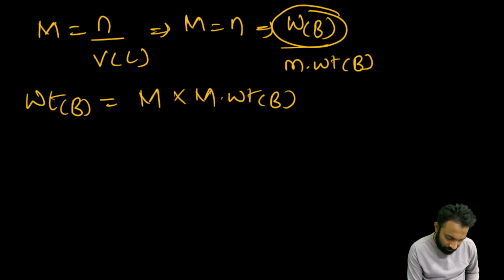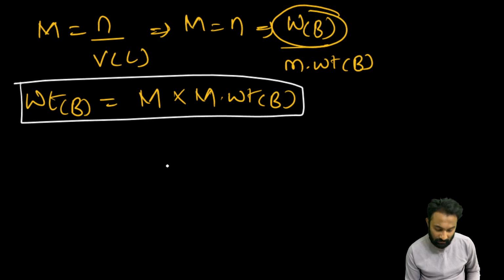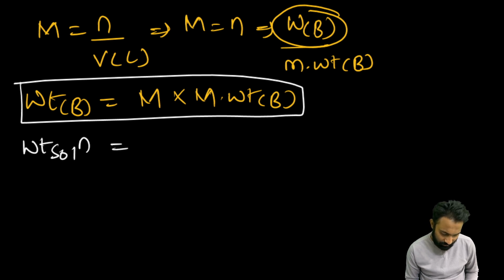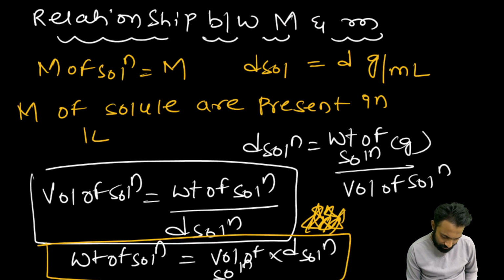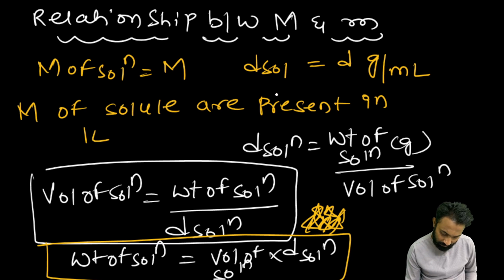Now from here, I got the weight of the solute, and the weight of the solution also. Now listen. The volume of the solution I have taken is 1 liter, right?